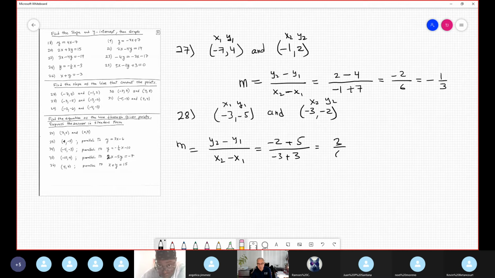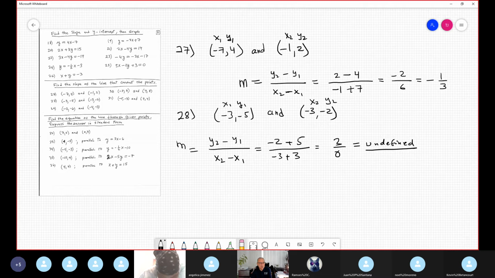In the bottom we have 0. And division by 0 is undefined. Undefined, this is the answer. You leave it like that, undefined, in this word. Okay, you know it's impossible doing the division by 0. And when this situation happens, we are in the case que es vertical line. Vertical line.